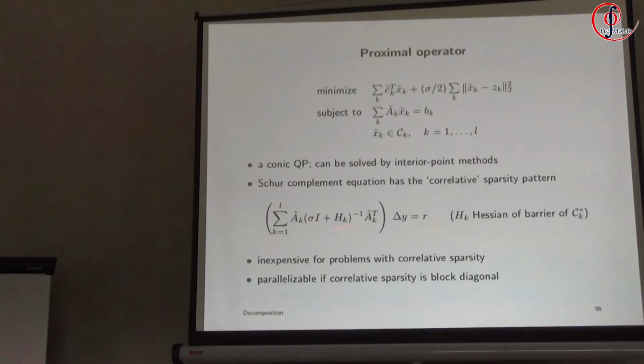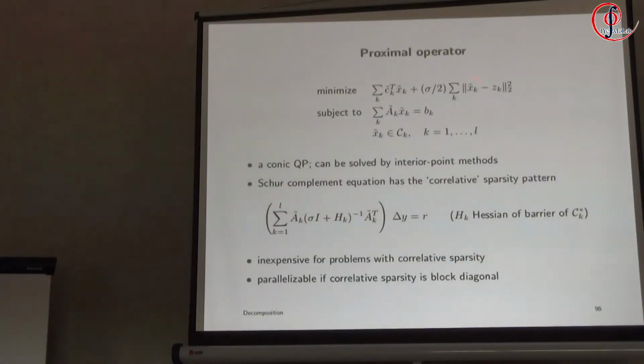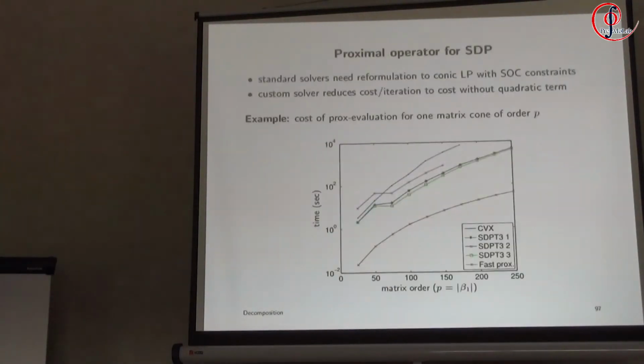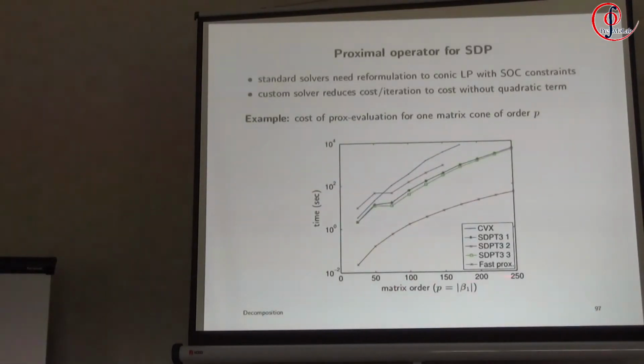For SDP, actually evaluating this is a little more complicated. So we had to write a special purpose solver to evaluate these proximal operators for SDP. If you compare with CVX, this is the cost of evaluating a proximal operator for a single block C_k, a matrix of order p. For CVX, that's the top curve, and then some other solvers, SDPT3, with different formulations, called directly instead of via CVX.